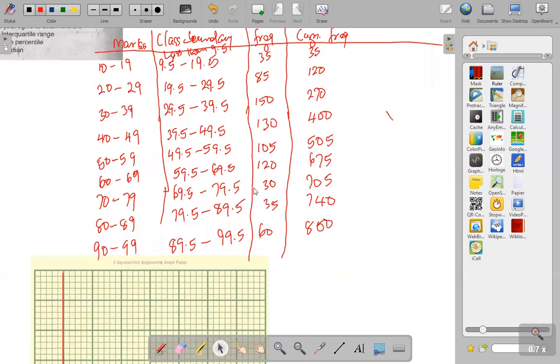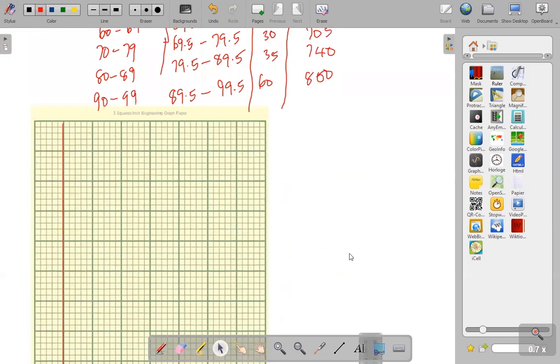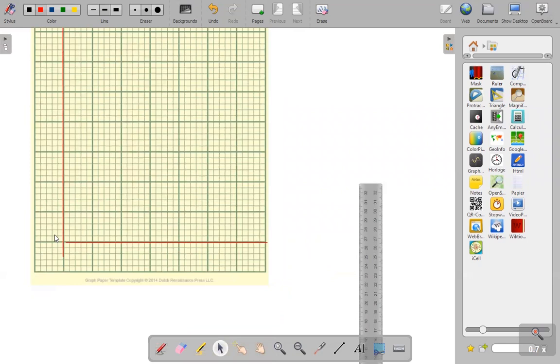So on the y-axis, I have items from 35 to 800. So let me use a scale of 2 centimeters to 100 units. Remember, for a standard graph sheet, the distance between this bold line and another bold line is 2 centimeters.